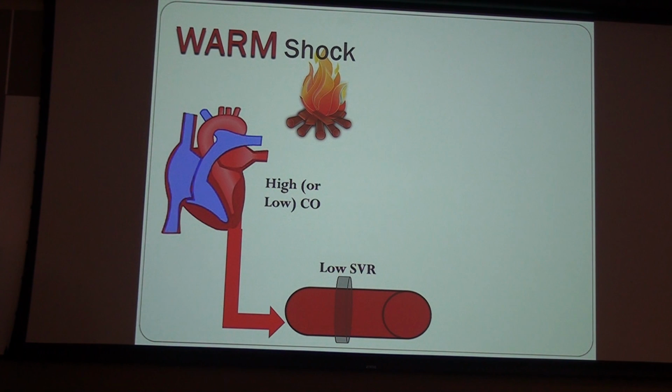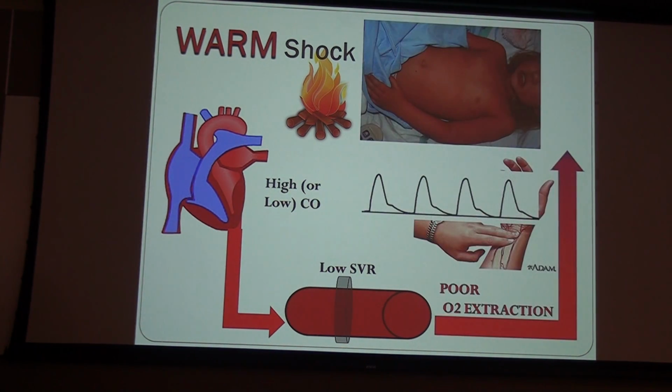And then what do these children look like? Flash capillary refill, flushed, and their pulses are bounding. This child may have strep toxic shock, where you can see that they're flushed and have some diffuse erythroderma.